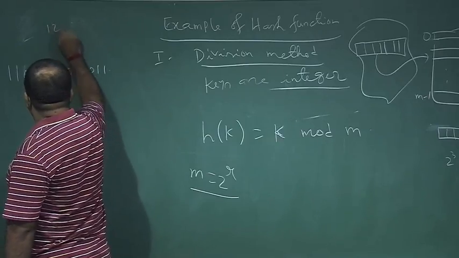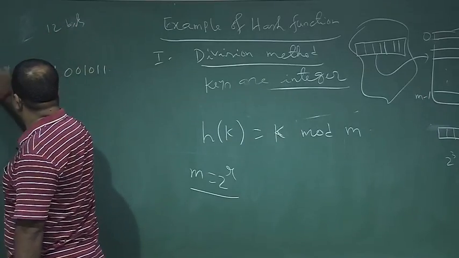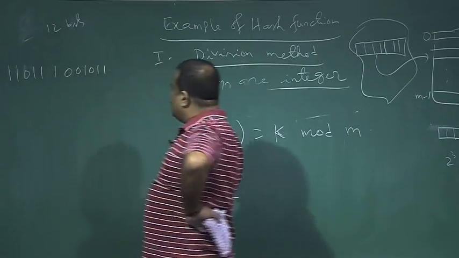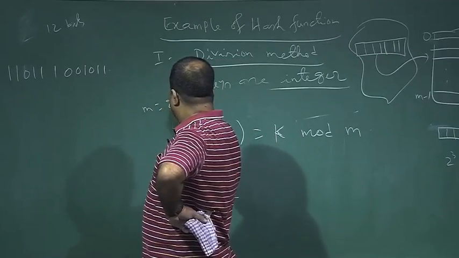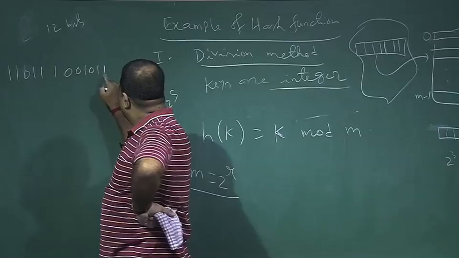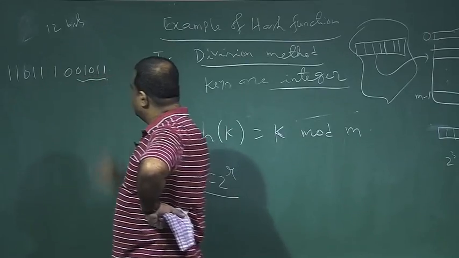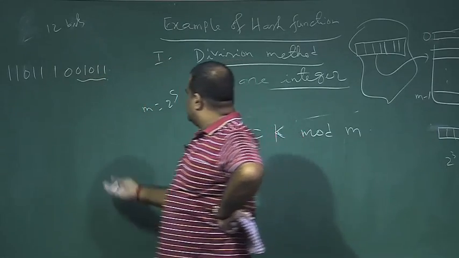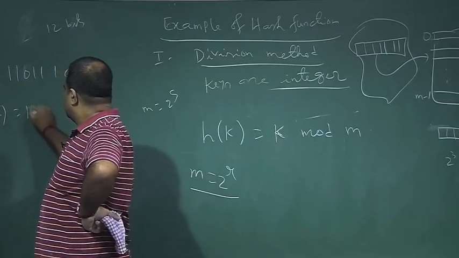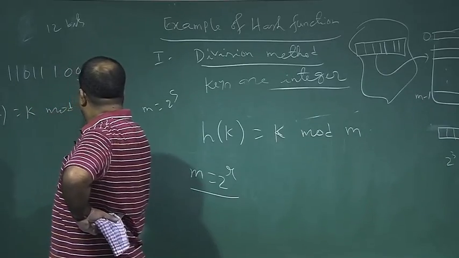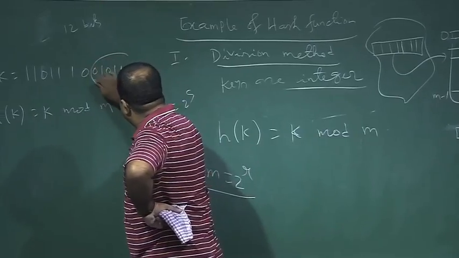So, this is a particular key. Now, if we choose m equal to say 2 to the power 5, meaning 1 2 3 4 5 bits, what is k mod m in that case? k mod m is basically the last 5 bits.